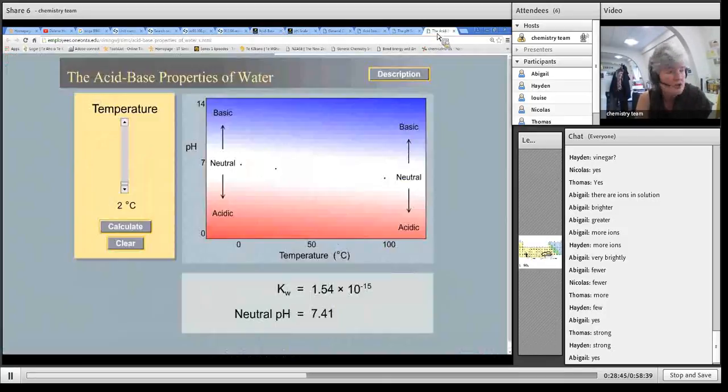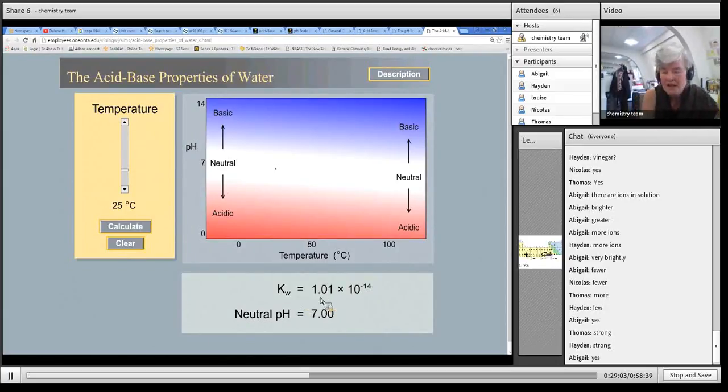So going back to what I was showing over here, if I have it at, of course, 25 degrees, then, okay, that is 10 to the minus 14. It should be, haven't perhaps got it quite exactly on there.